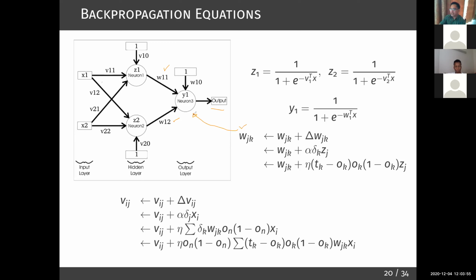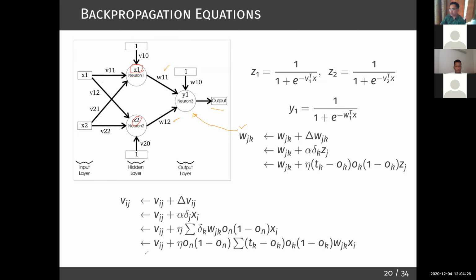And then in the hidden layer, your outputs are Z1 and Z2. The way we update the weights for all these hidden layer weights, we call them Vij.